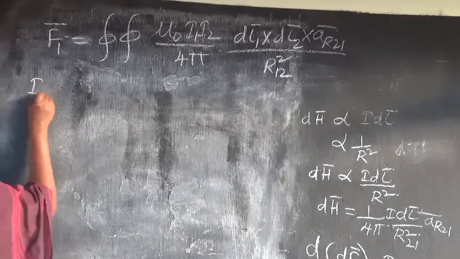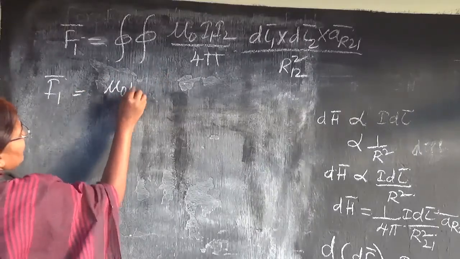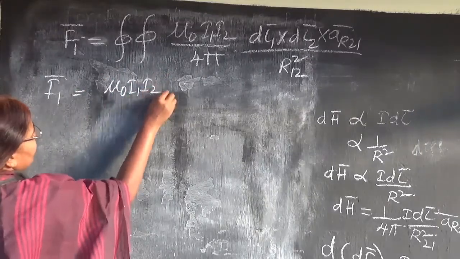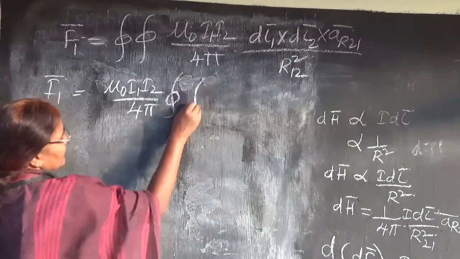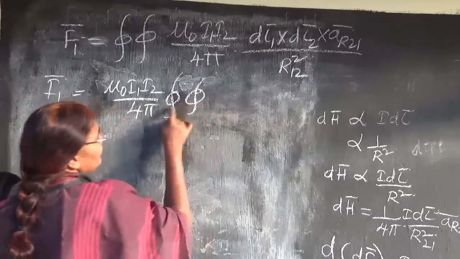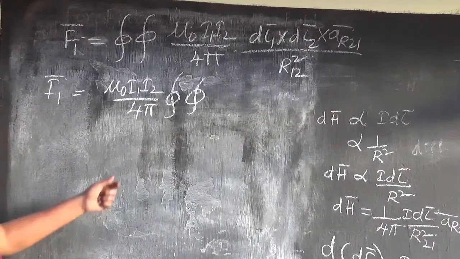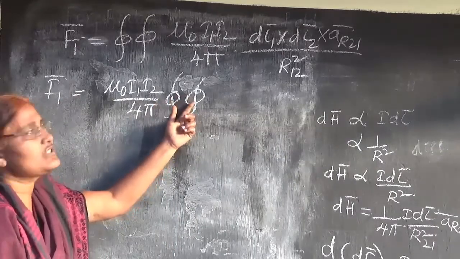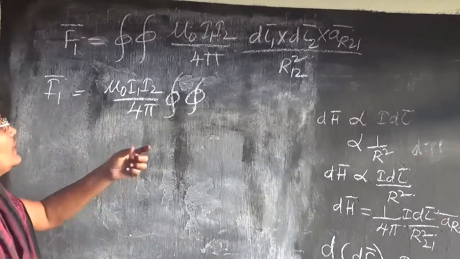Now if I take the constants outside, mu naught I1 I2 by 4 pi, the double integral. Why have I used a closed integral? Because it is a contour integral or closed integral, because the current only flows through a closed circuit.